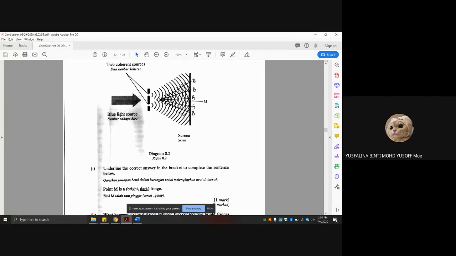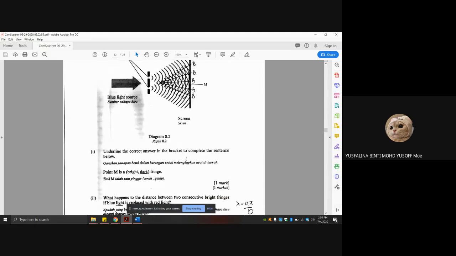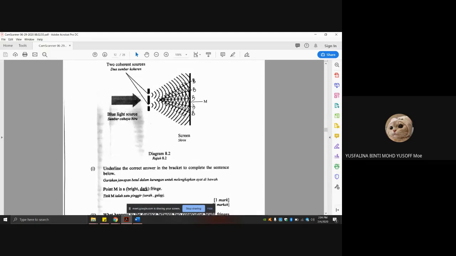All these lines that I connected are actually constructive, because you can see the crest meet crest, so we produce the bright fringe. But it is asking you about M. M is between the bright and bright, so in the middle here must be a dark fringe. So the answer is dark fringe. You can try to connect it and underline it.